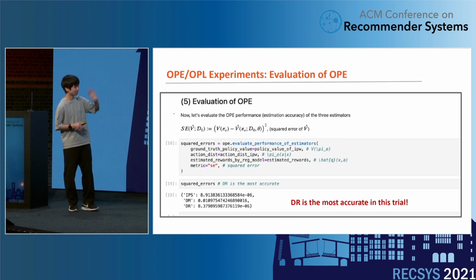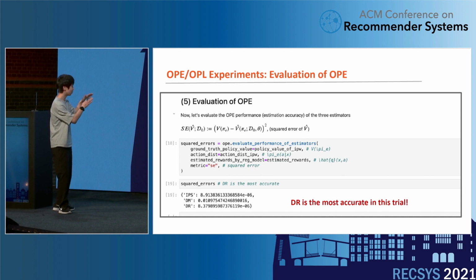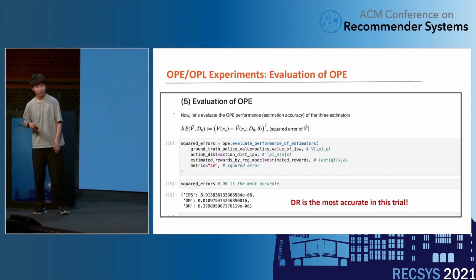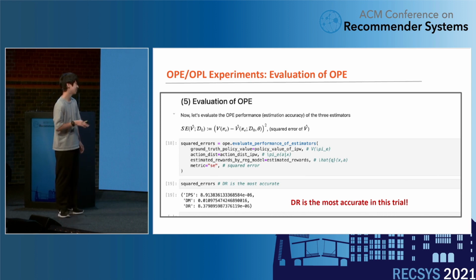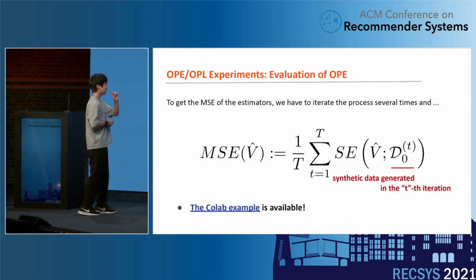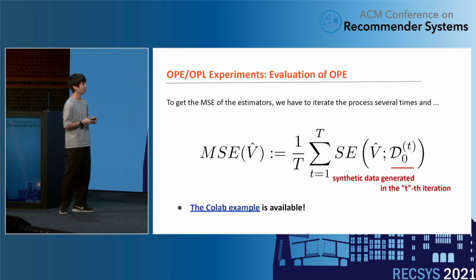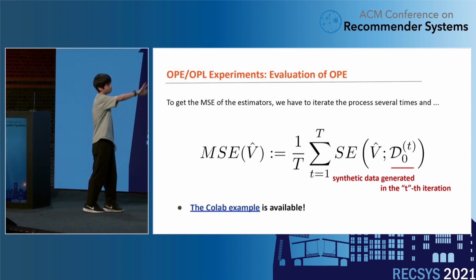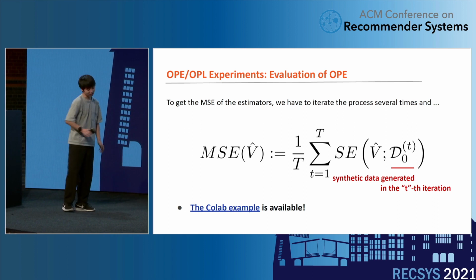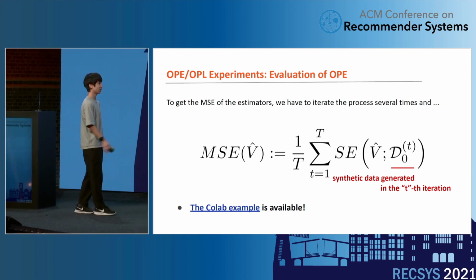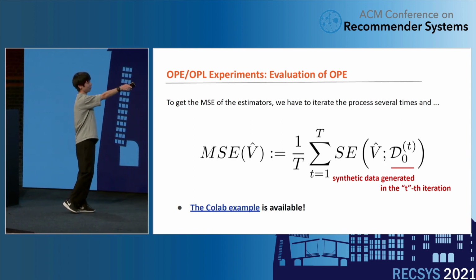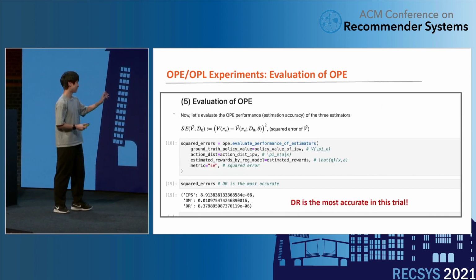So evaluation of policy evaluation means that we want to compare the estimation accuracy or the error in policy evaluation of several different policy estimators. Of course, this is just a single trial with a single random seed. So in real research or in your study, you may want to generate several different synthetic datasets with different random seeds, and after that you just take the empirical average of this squared error.